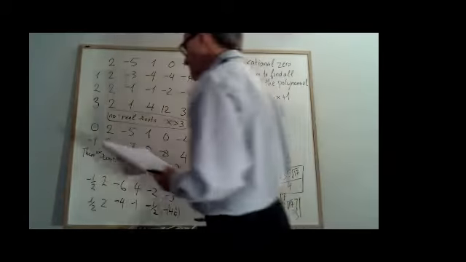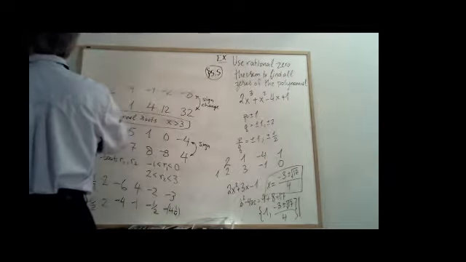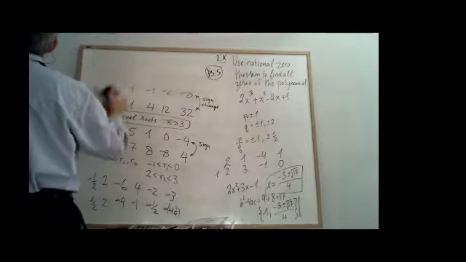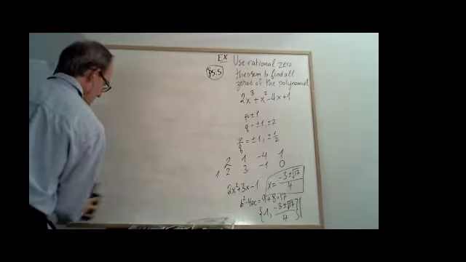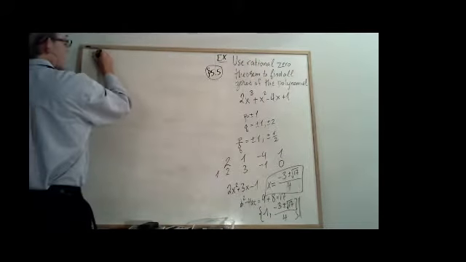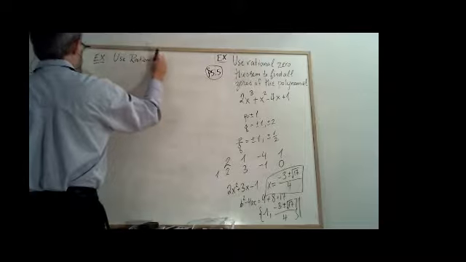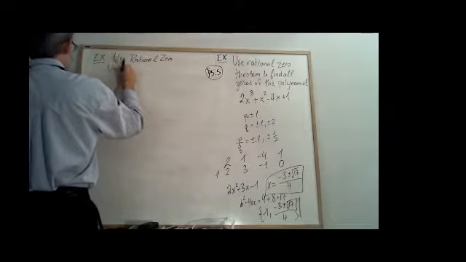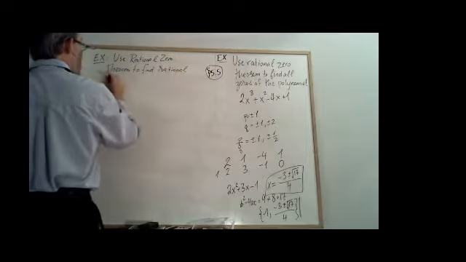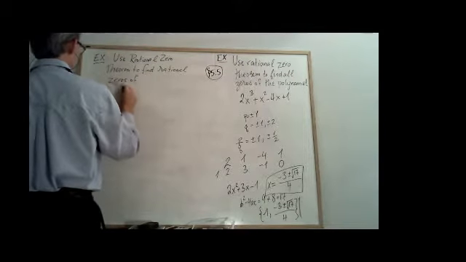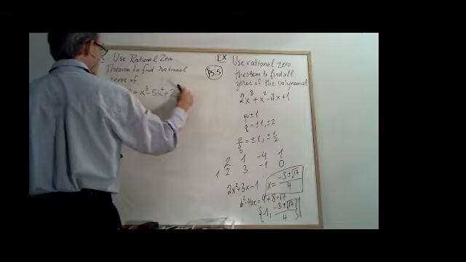Now use the rational zero theorem to find rational zeros of... this is an example, I didn't write it down, but it might be a try-it question. Anyway, this other example: use your rational zero theorem to find the rational zeros of f of x equals x cubed minus 5x squared plus 2x plus 1.